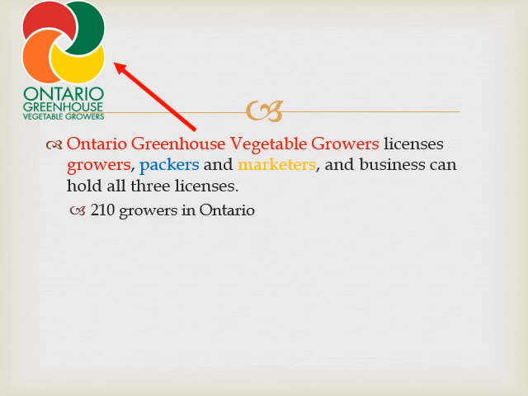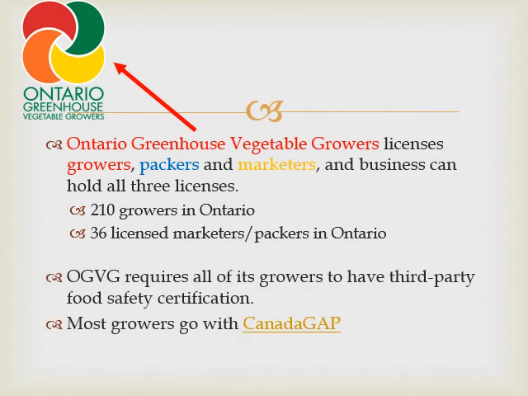So there's around 210 of those growers in Ontario alone. And then there's 36 that are both marketers and packers. That means that they don't necessarily grow, they buy from farms and put them into packaging and sell them. But a lot of the big growers are both growers, marketers, and packers. Smaller farms might sell to packers, for example.